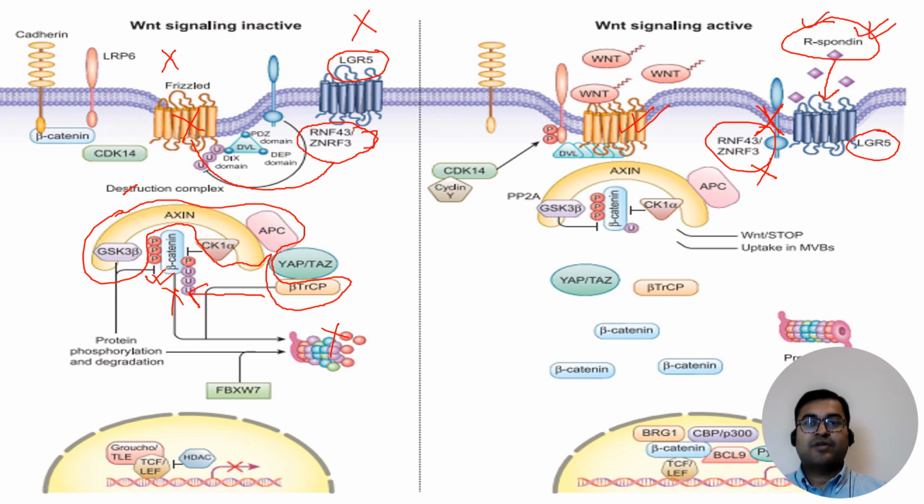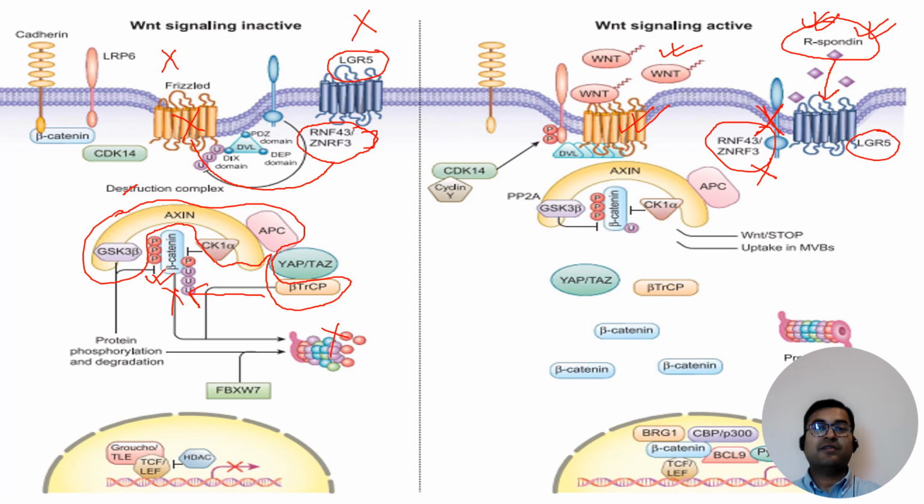So this R-spondin works very much in parallel to this Wnt signaling, and this R-spondin actually positively affects this Wnt signaling. When we say R-spondin positively affects Wnt signaling, what we mean is R-spondin actually induces this Wnt signaling pathway.